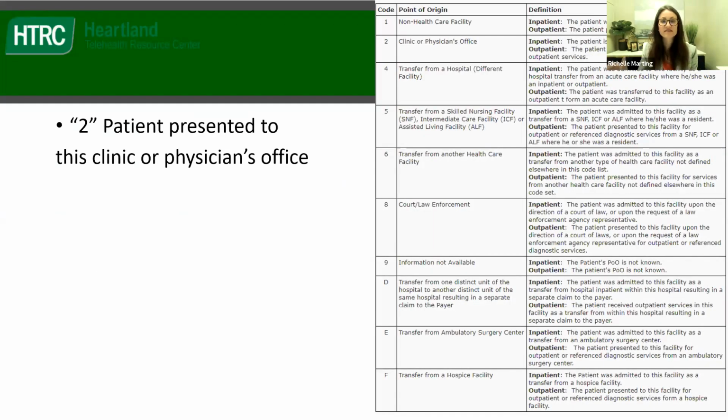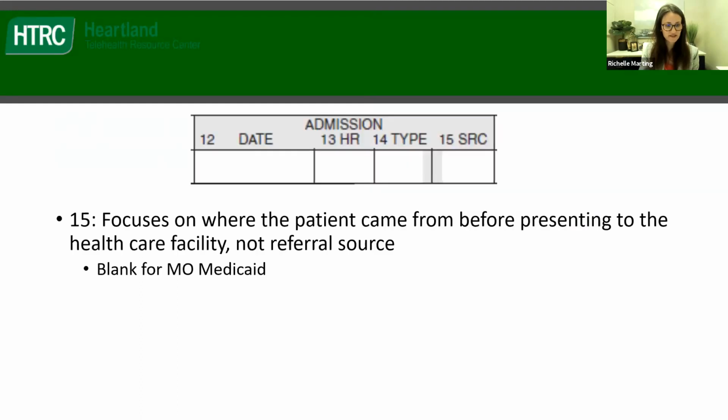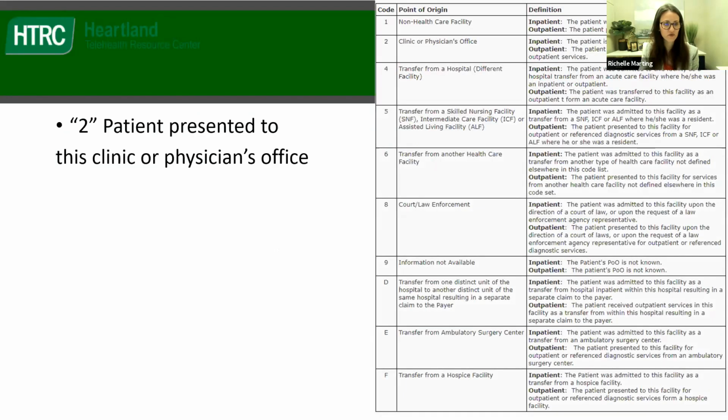So these are some of the admission source options that we can put in that field 15 on the UB04 claim form. We're looking at the outpatient definitions for RHCs and FQHCs. If we were a hospital submitting an inpatient facility claim, we would be looking at the definitions for inpatient facilities.